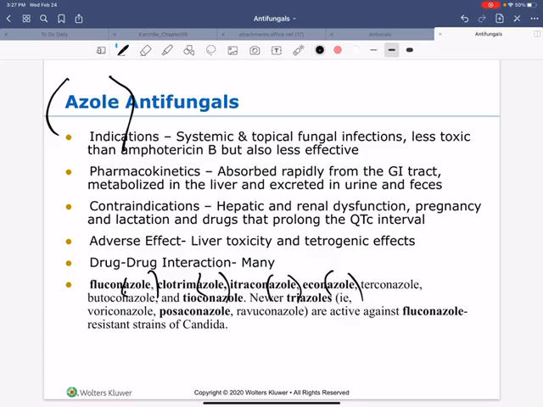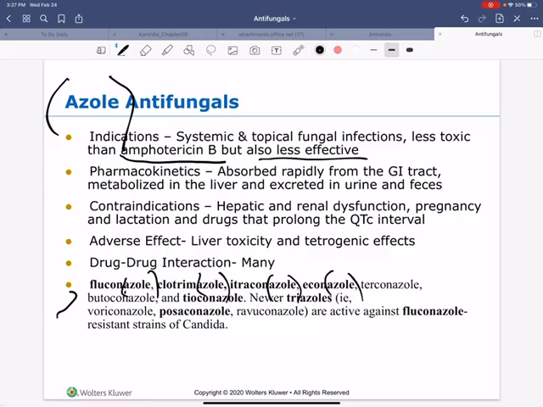They aren't as toxic as Amphotericin B, and they don't work as well as Amphotericin B. So Amphotericin B is really used only for very severe, serious infections. You will only see it given in AIDS patients or people who just have a serious fungal infection.